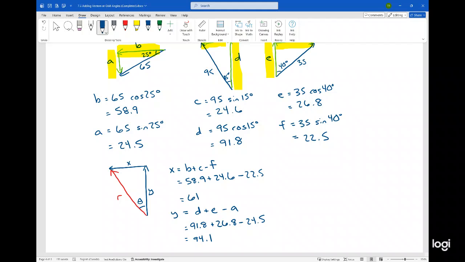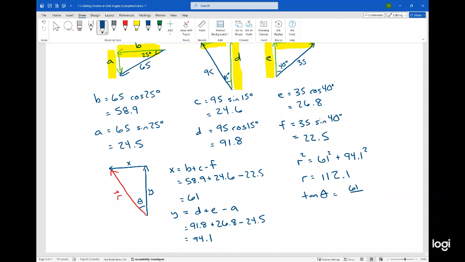Okay, finally, I should have put the little arrow over the R there since it's a vector. The magnitude of R is the square root of 61 squared plus 94.1 squared. 61 squared plus 94.1 squared equals a big number. Square rooted is 112.1 to be more precise. And similarly, the tan of theta is going to be x over y.